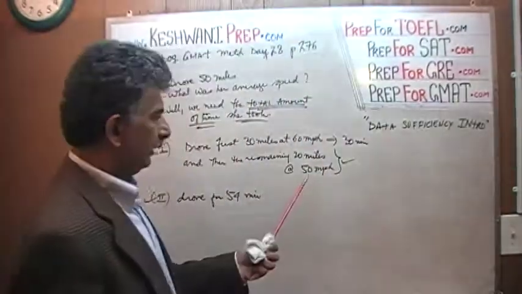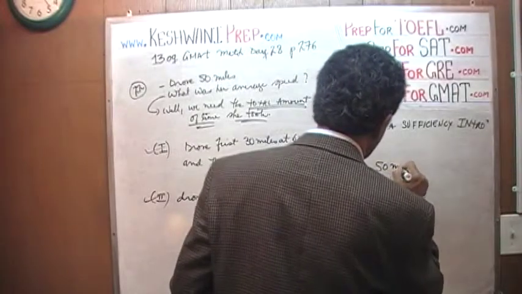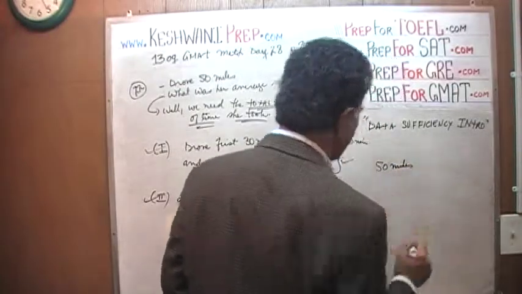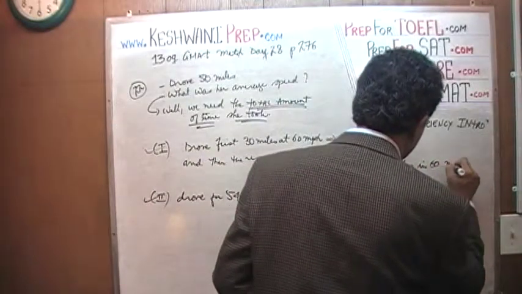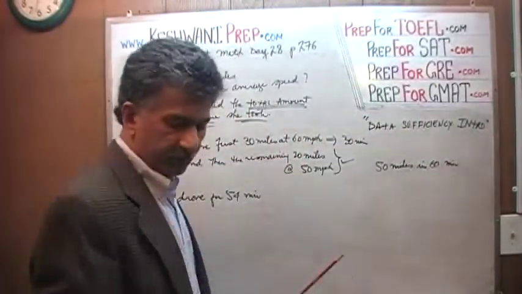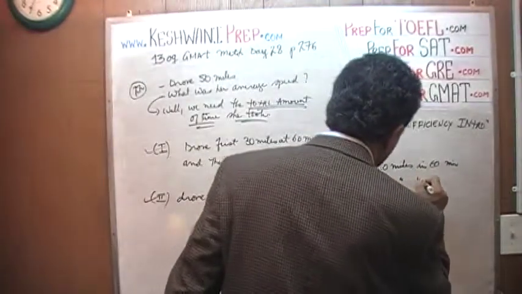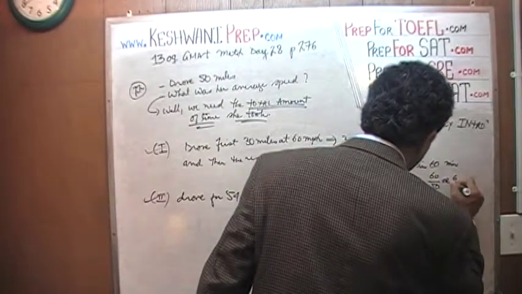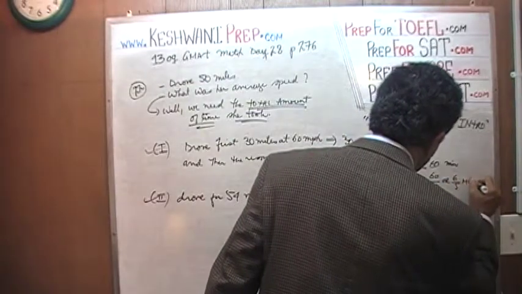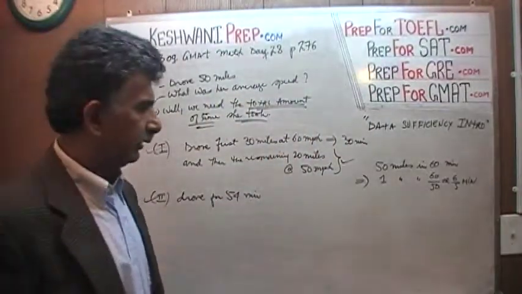20 miles at 50 miles per hour. 50 miles per hour is the same as 50 miles in 60 minutes. If you're going 50 miles in 60 minutes, then 1 mile should take 60 over 50, or 6/5 of a minute. 1 mile should take you 6/5 of a minute.